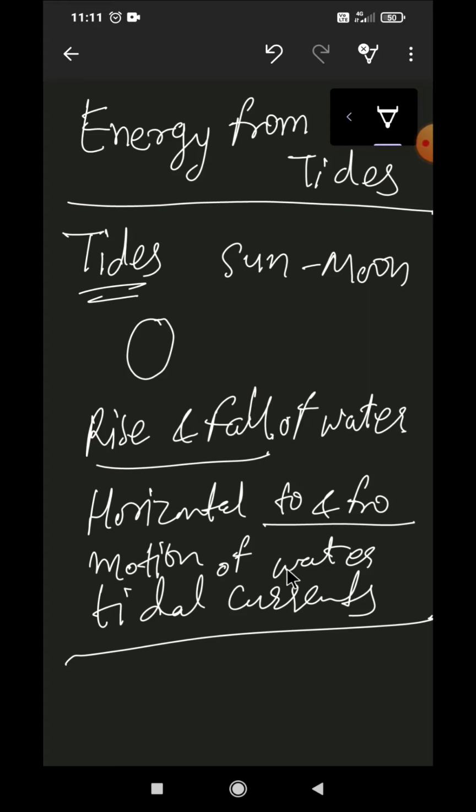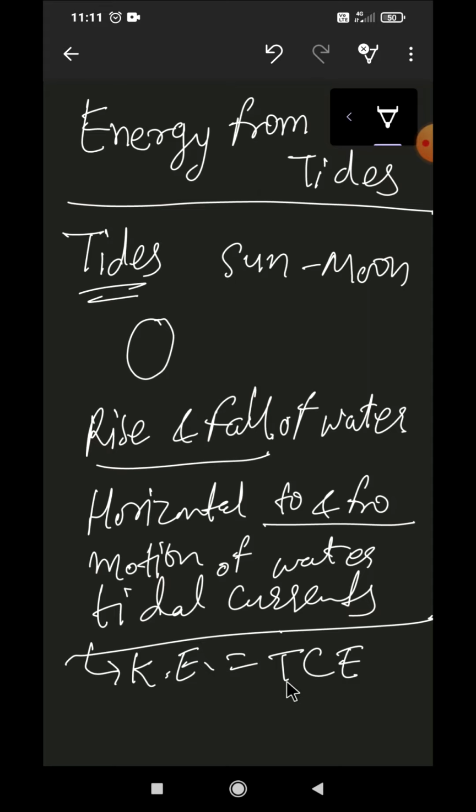So due to this rise and fall, there is a to and fro motion, that is tidal current. The tidal current flowing in the horizontal direction has kinetic energy. This energy is called tidal current energy.